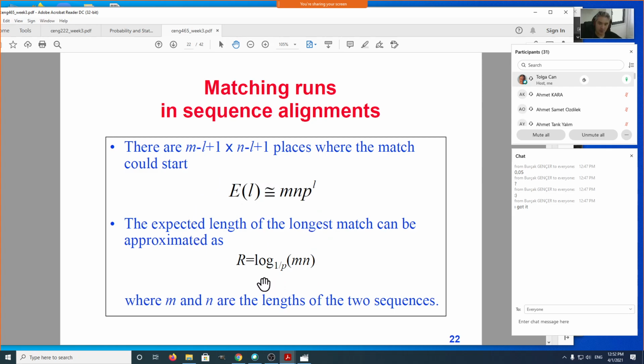And then we are going to just set this left-hand side to 1. After you do that, you take the logarithm of both sides. So 1 is equal to mn P to the L. If you take the logarithm, you're going to get L here. L is the expected length to expect at least one time.